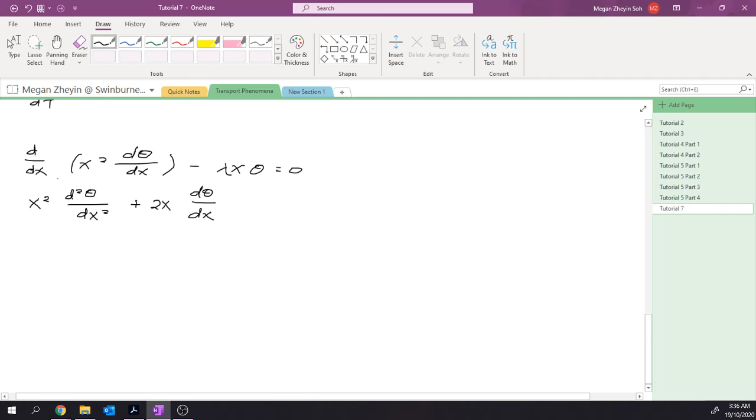Sorry, this is your product rule, okay, and then minus lambda x theta equals to 0.